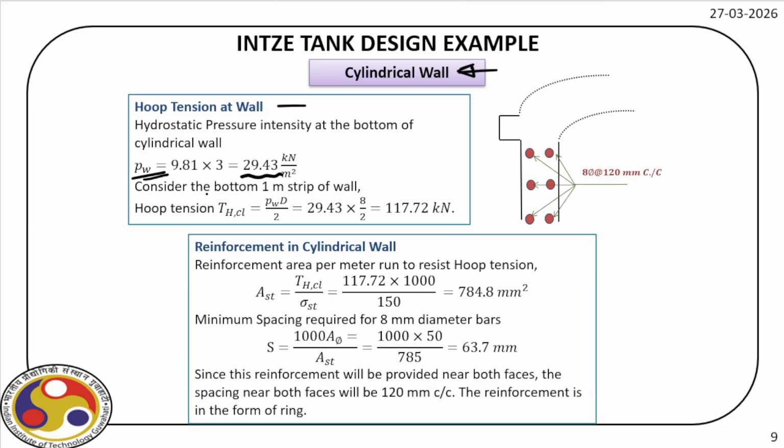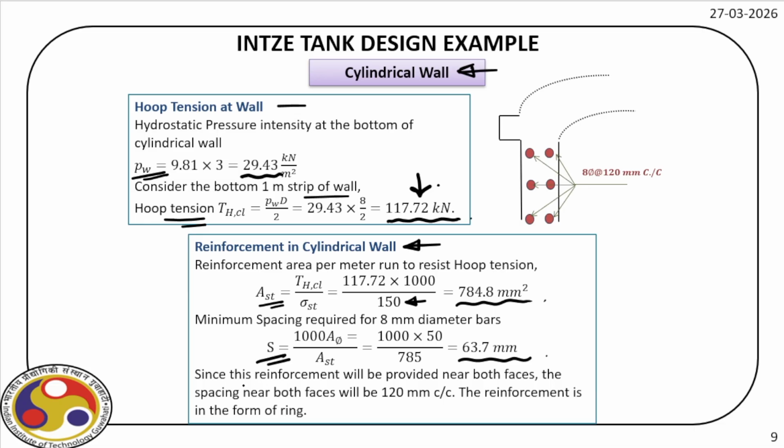So if we consider a bottom 1 meter strip of the wall, then we can find out the hoop tension, which is PW times capital D by 2, and if we evaluate that, it is 117.72 kilonewton. So once we know the hoop tension, our task is to find out the reinforcement on the cylindrical wall, and that we can find out from the allowable tensile stress, which is 150 Newton per millimeter square. So AST in this case is 784.8 millimeter square. Now we can find out the spacing, and in this case it is 63.7 millimeter.